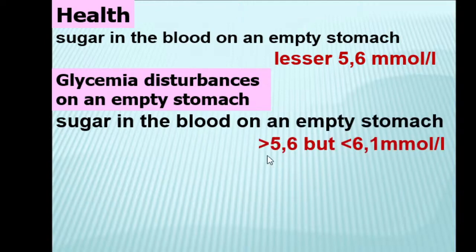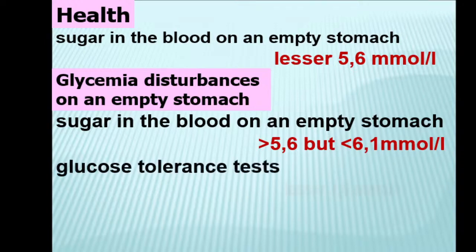If the blood sugar on an empty stomach is more than the norm but does not exceed 6.1 millimole per liter, and the glucose tolerance test is less than 7.8 millimole per liter, this patient needs dietary correction.